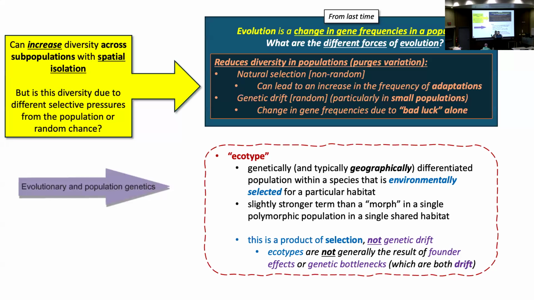And so over time, after they've been separated, I start noticing that these alligators get one trait. They become really aggressive. And these alligators get another trait. They're really passive. And so the question is, what do I attribute the difference in their behavior to, the environment or to the fact that I separated them and drift? So basically, is it selection or drift?